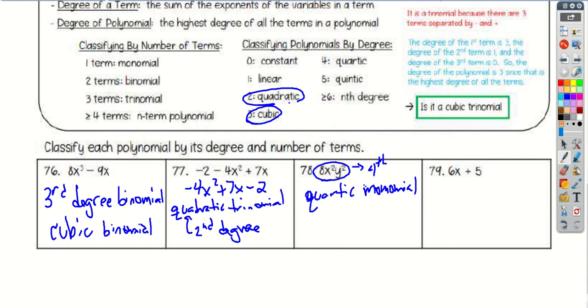For number 79, we have two terms, so it's a binomial. There isn't an exponent, but technically it's a 1, so this would be a first degree, or a linear, binomial. And that is it for this one, guys.